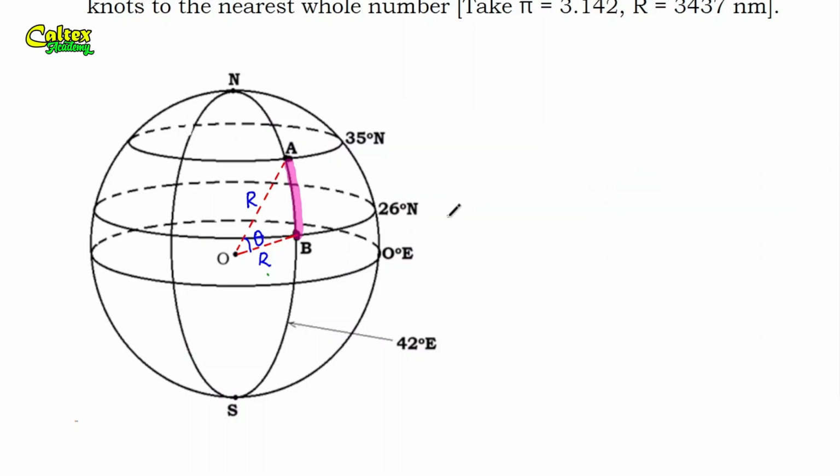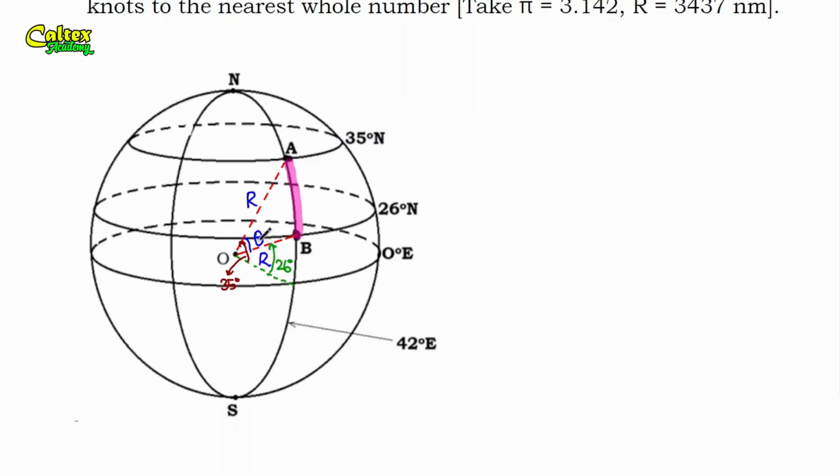Remember, if we join this point to this latitude at 0 degrees east, you see that all the measurements of these angles are from here, and that is the degrees given here as 26 degrees. And the next measurement is from here up to there, and that is 35 degrees.